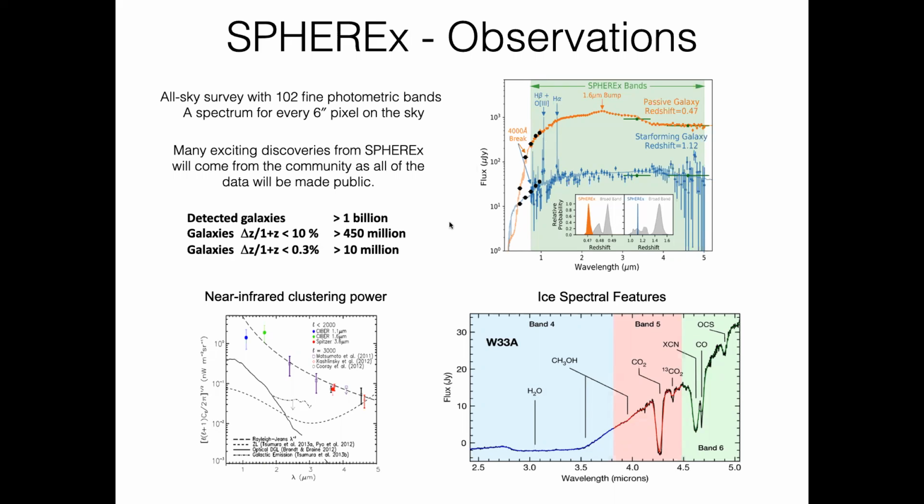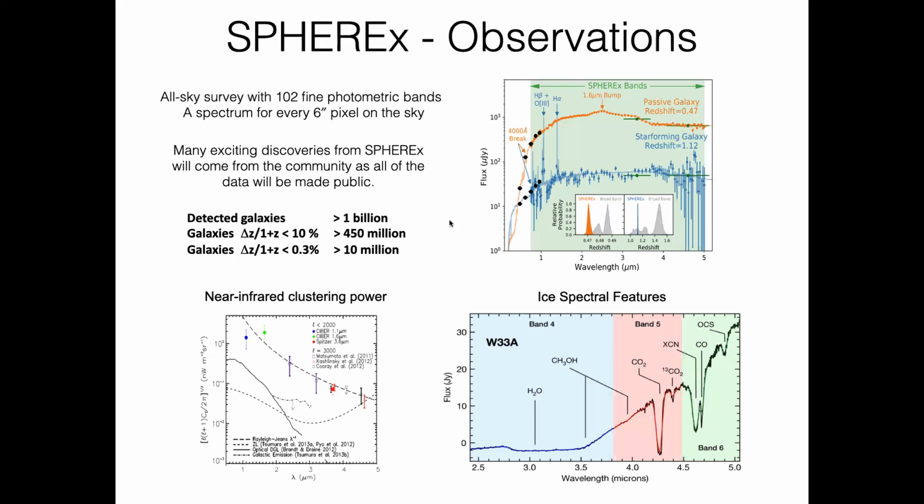We're able to compile a catalog with hundreds of millions of galaxies that we'll use for our cosmological analysis, using its 3D distribution to understand the beginning of the universe. This fine resolution of lines and bumps is needed so that we can have an accurate estimate of redshift, to be able to place the galaxies in 3D.